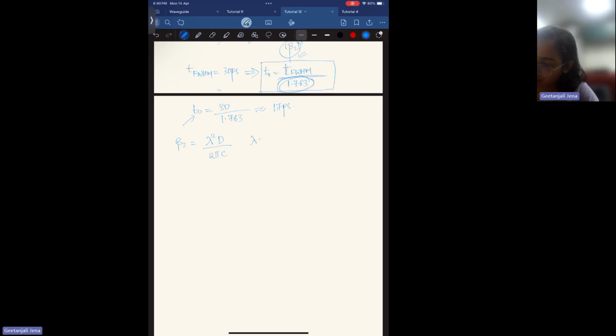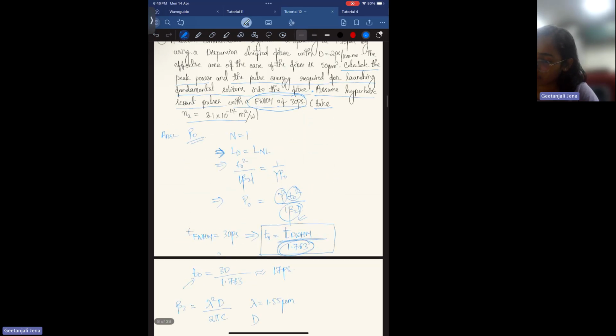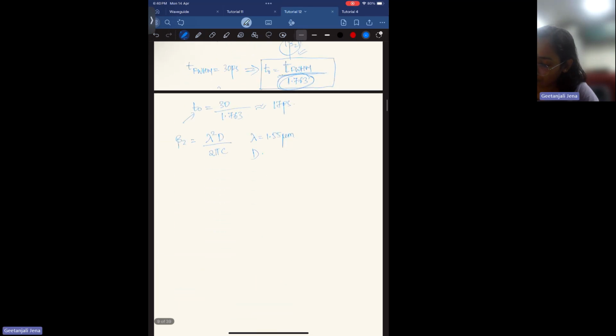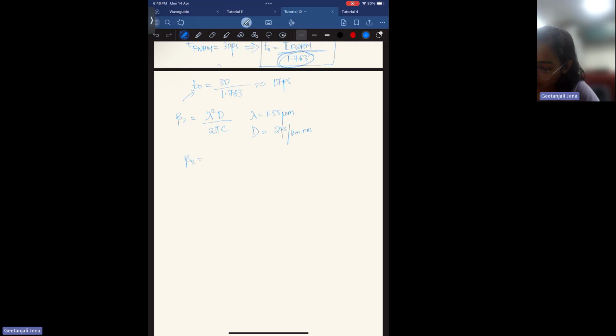So lambda is given, it is 1.55 micrometer, and D is also given, it is 2 picosecond per kilometer nanometer.